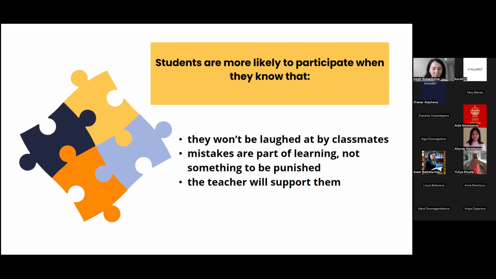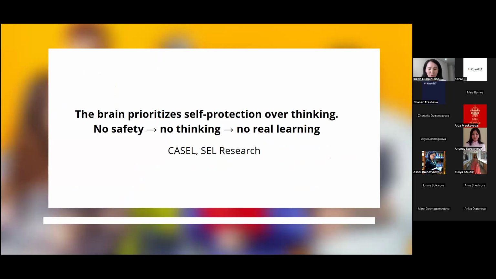Research in social and emotional learning shows that when students experience fear or social pressure, the brain prioritizes self-protection over thinking. In such conditions, students just memorize information and cannot process it deeply or retain it long term.